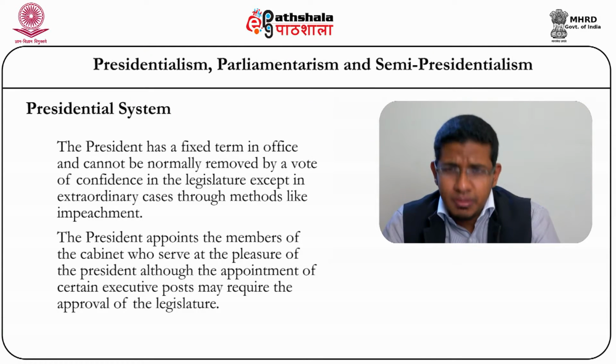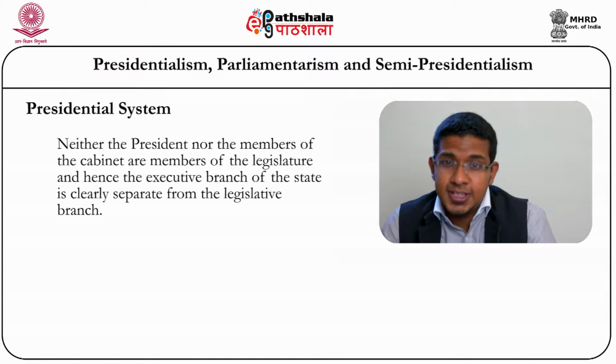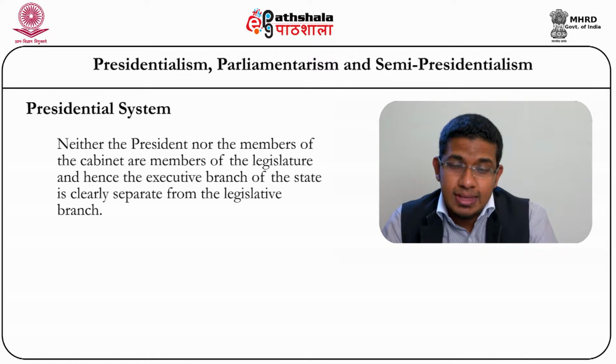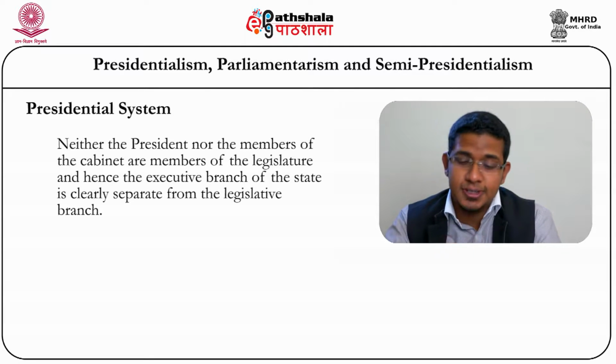And most importantly, neither the president nor the members of his cabinet are members of the legislature. So the executive and the legislature are completely different. That's the main point that's emerging. That is, the president cannot be removed by the legislature, the president exists by himself, the president can appoint whoever he wants to his cabinet, and the president and cabinet are not members of the legislature. That's the key point of the presidential system.